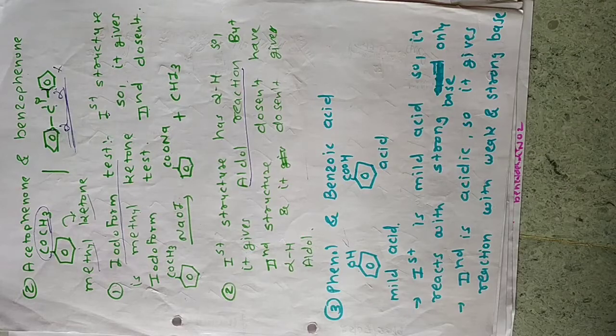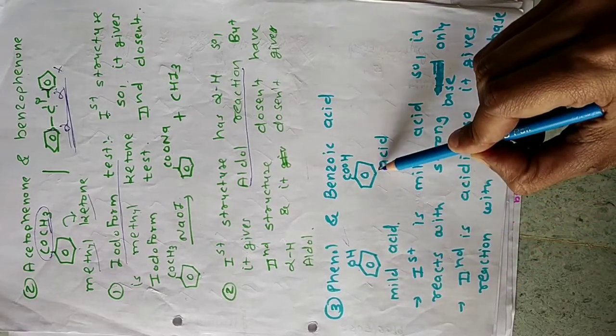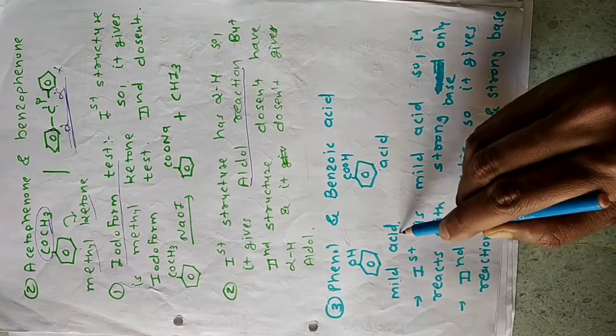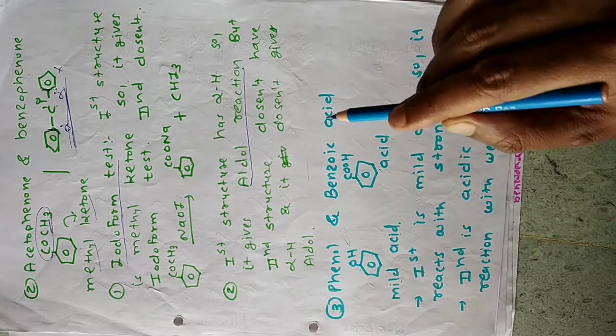Next pair is phenol and benzoic acid. You can say this one is phenol and this one is benzoic acid. Now phenol is a mild acid, whereas benzoic acid is comparatively a strong one.